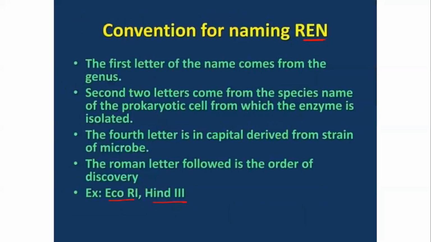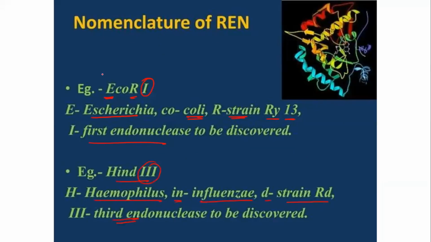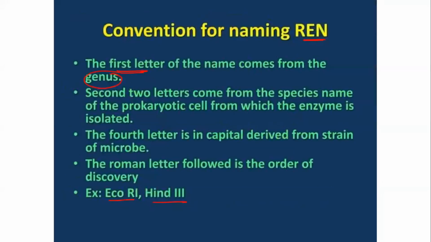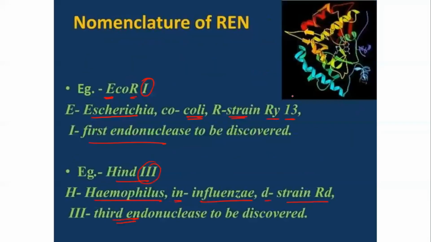So we can conclude that the first letter of the name comes from the genus, for example Escherichia, Haemophilus. The next two letters come from the species name, E. coli, co, and here in, influenzae.